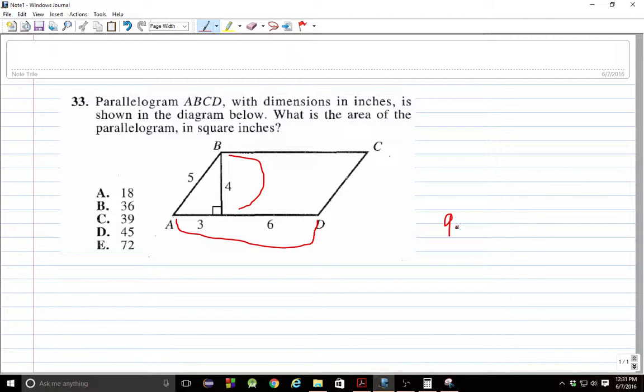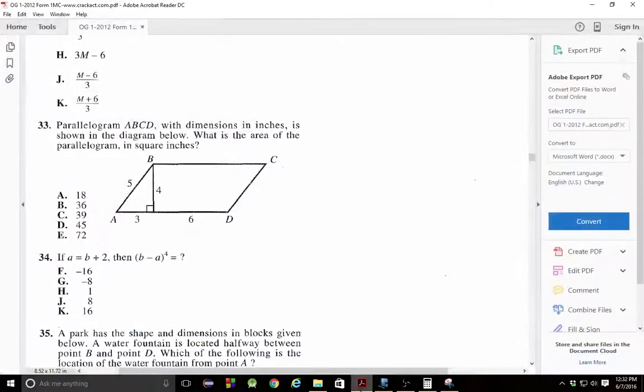9 times 4 equals 36. Area equals base times height for the parallelogram. So the answer is B. And let's just check to make sure that's correct.